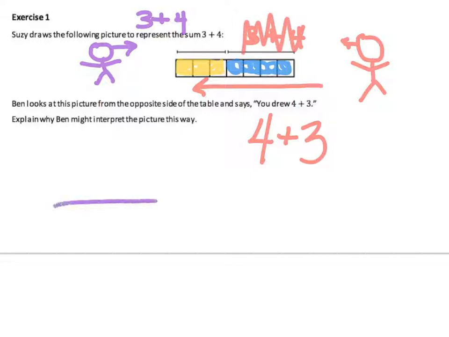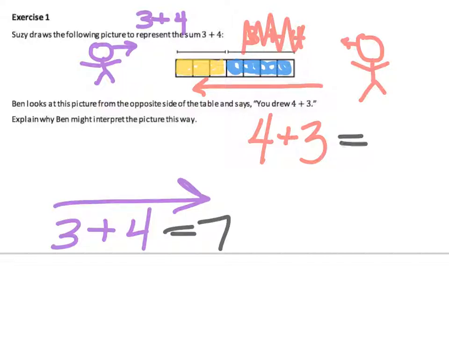Susie's reading from her left to her right, and she got 3 plus 4. Do they both get the same answer? Yes, they do. It doesn't matter. I can add in any direction.